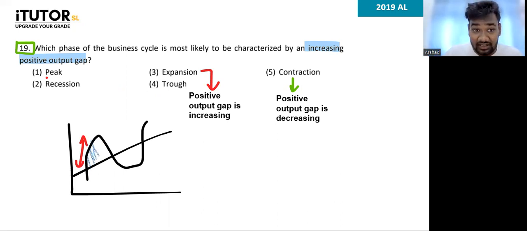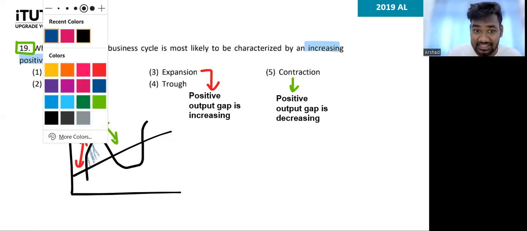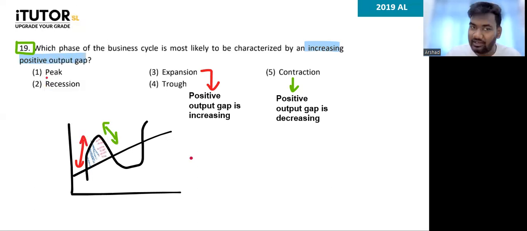Now, during a contraction, you can't say there is. Contraction is the whole thing, right? But during the initial stage of a contraction or during a recession, you can't say that it's a negative output gap. Now, during a recession, look at this. The positive output gap is decreasing here, no? Little by little, it's decreasing. After that, it goes negative, yes.